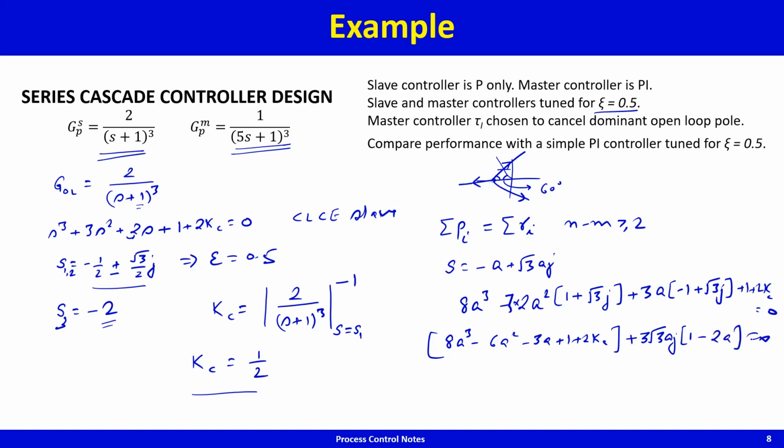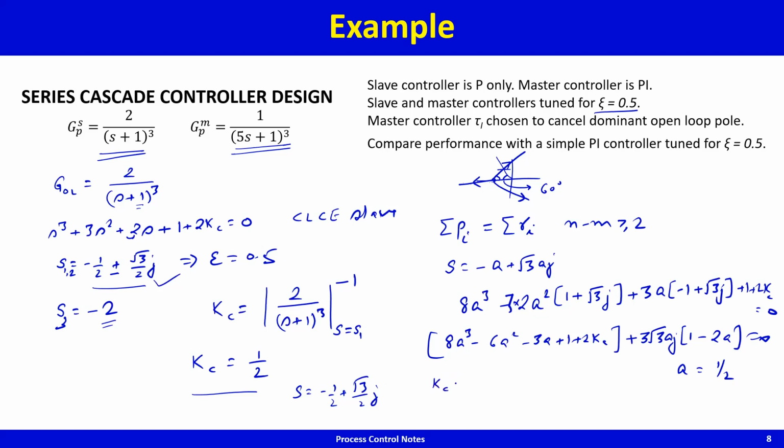That's equal to 0. So the imaginary part equal to 0 gives a is equal to half. So the root that we are looking at is s is equal to minus half plus square root 3 by 2 j. That's this one.